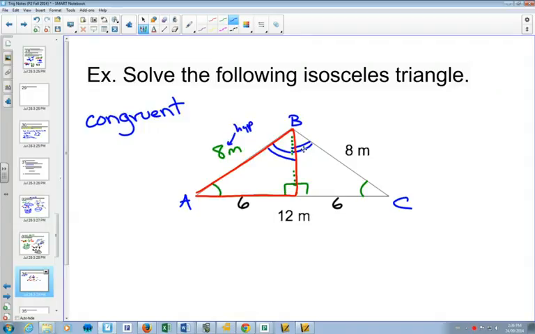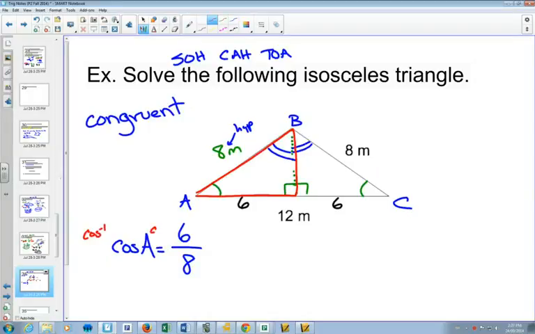So what can I use? SOHCAHTOA, go to your definitions. Sine, cos, or tan. Going to have to be cos, because I have an adjacent side I know and a hypotenuse that I know. So then I would write cos of A equals adjacent 6 over hypotenuse 8. And so take cos inverse of both sides, because that's how you find an angle.